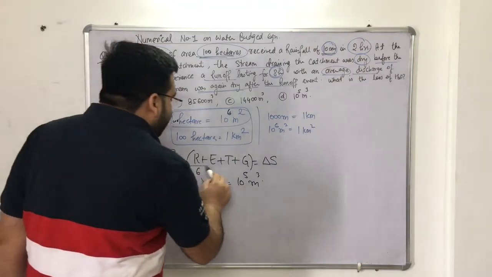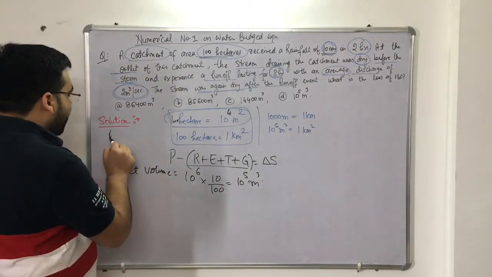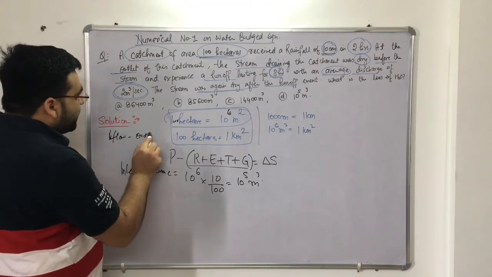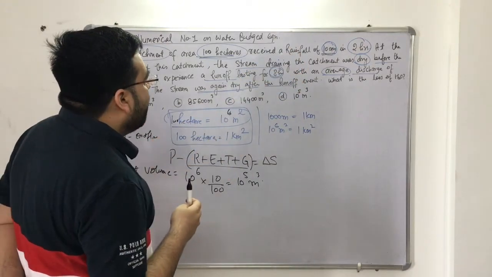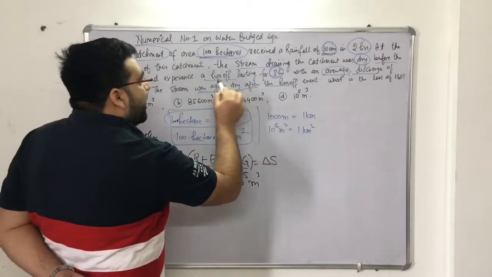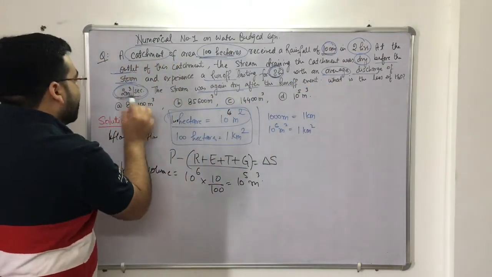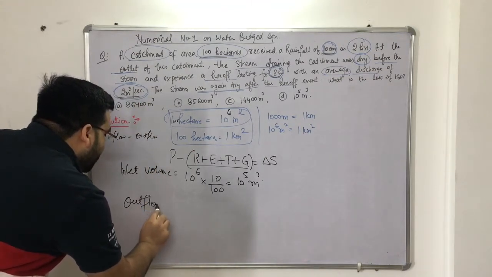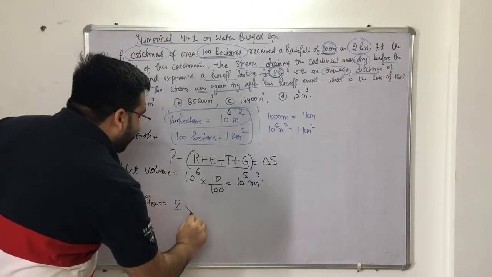Now let me calculate the outflow also. The outflow is what is going away from the stream. The runoff lasts for 8 hours with an average discharge of 2 meter cube per second. Outflow will be equal to discharge, 2 meter cube per second, into time.